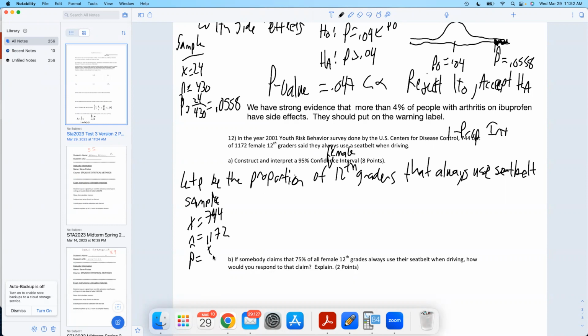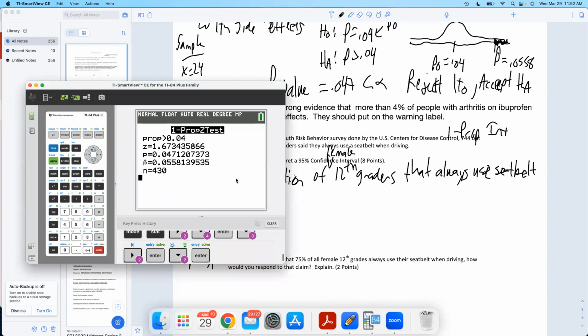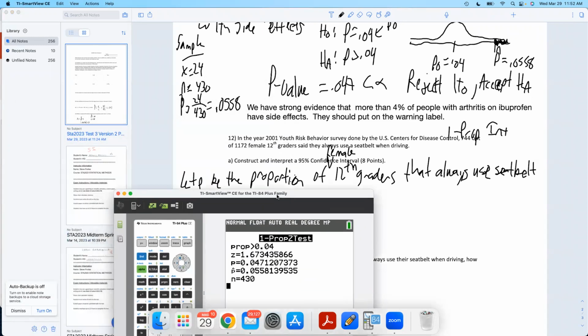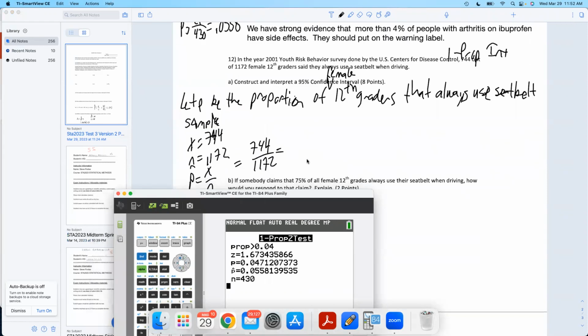Then P hat's always X over N. That's 744 out of 1172. Throw that in our fancy calculator. I already forgot the numbers. 744 out of 1172, I think, yeah. 0.635 will go.